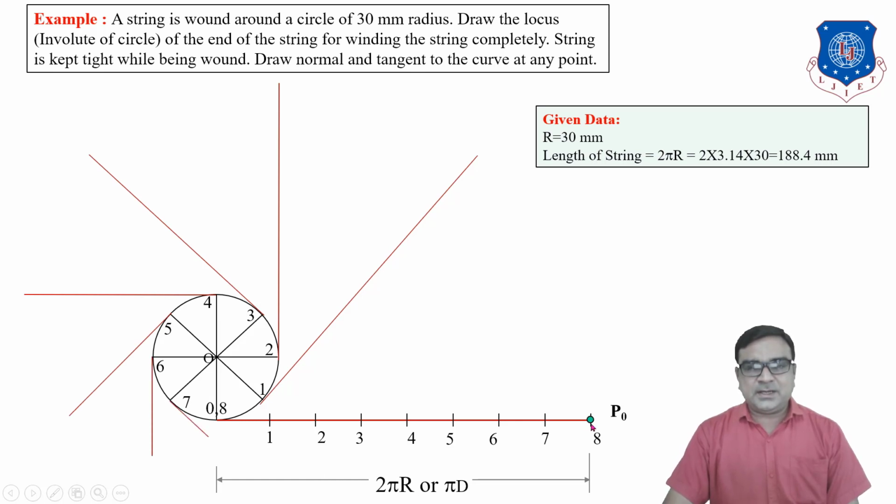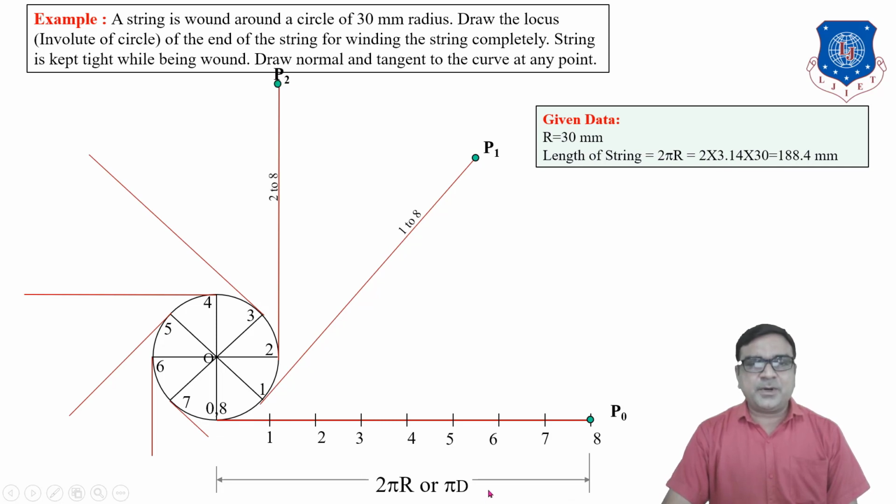Now when we wound the string from here, P0, up to this line, suppose this is point P1. So what is the distance between P0 and 1? This must be the 1 to 8 distance. So P1 is obtained by taking 1 as center, 1-8 distance as radius, and drawing an arc on this tangent 1 T1 to obtain P1.